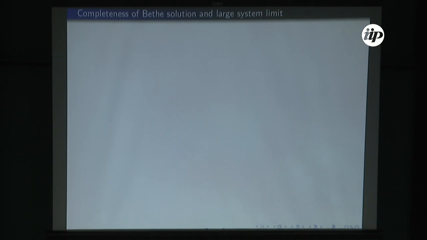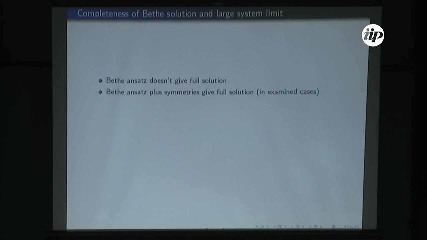Okay, so there's one more question I would like to address, namely whether the Bethe solution gives the complete spectrum or not. And the answer is very simply: not. We just looked at some cases, and we saw that finding all the Bethe solutions, we didn't get the full spectrum. However, we applied some of the symmetries which I talked about previously, and with the help of these symmetries you could generate states and then get the full spectrum.